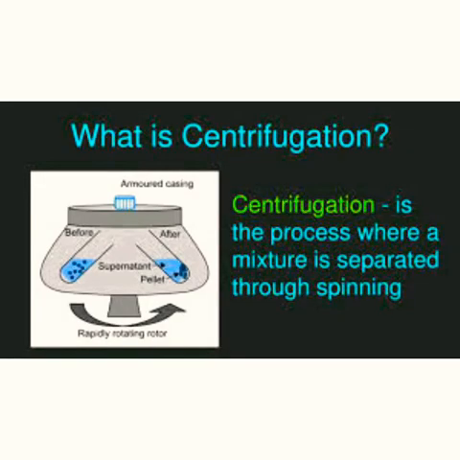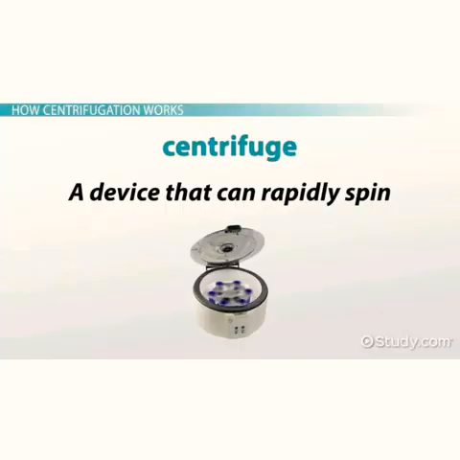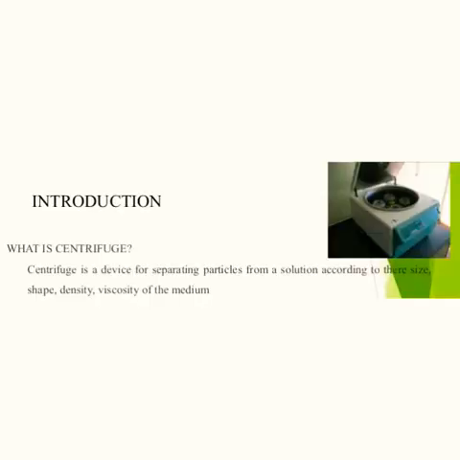What is centrifugation? Centrifugation is the process where a mixture is separated through spinning. A centrifuge is a device for separating particles from a solution according to the size, shape, density, and viscosity of the medium.